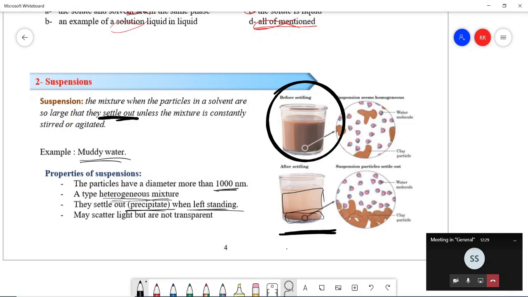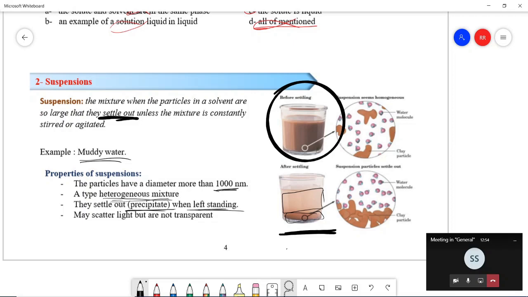Of course, as we said before, they settle out when left standing. Left standing means when you leave it without any movement, then they will precipitate. For example, sometimes you leave a juice, not every type of juice, but some types, like this powder juice. There are some particles that don't dissolve in water.